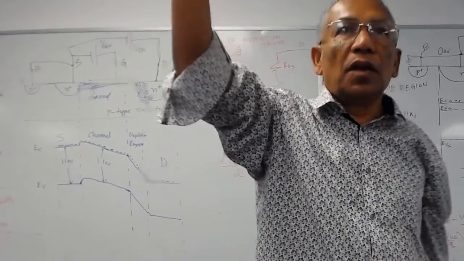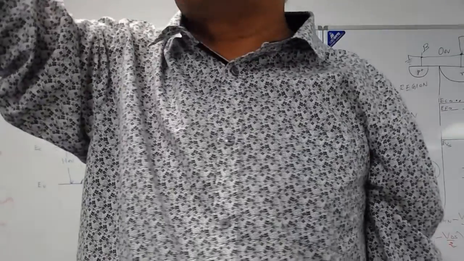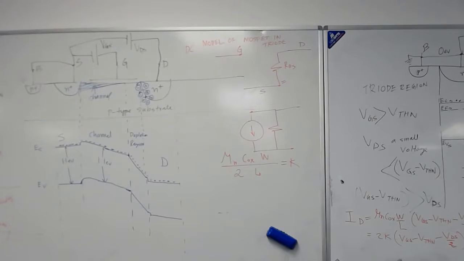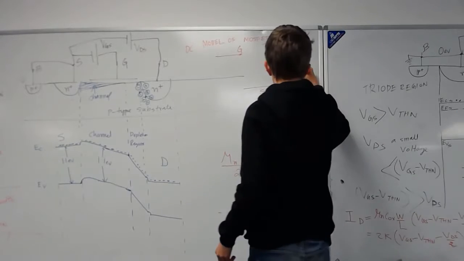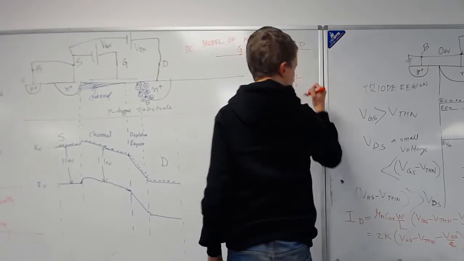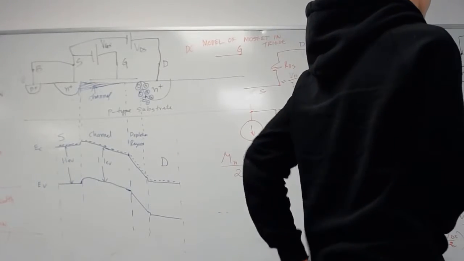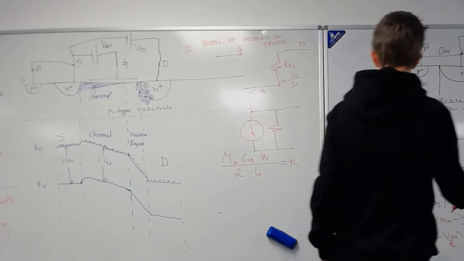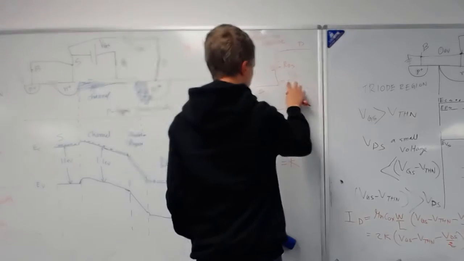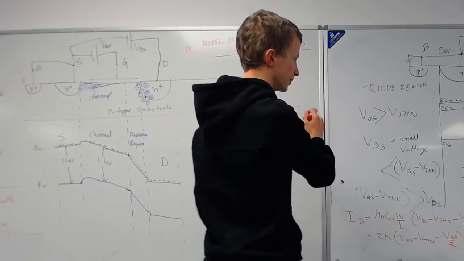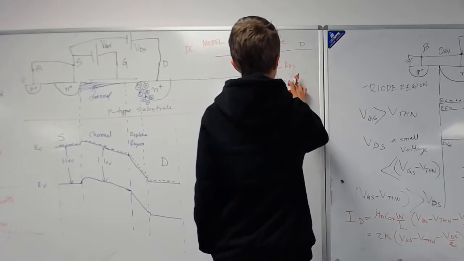The equation is already there, and who can write it? Yes, exactly, 1 upon. You just remove the whole thing and write 1 upon that. 1 upon G, exactly.